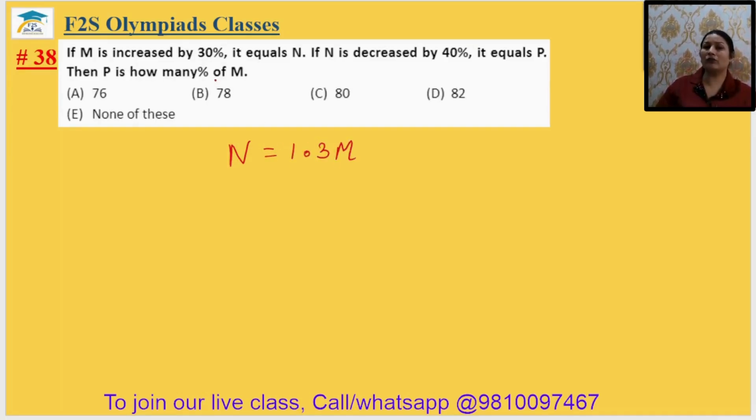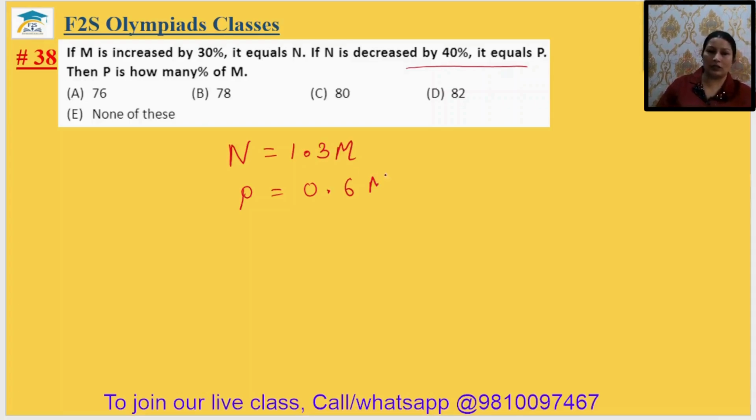Why 1.3M? Because 30% means 130%. After increment, it will be your 1.3M. ठीक है, and it is written N is decreased by 40%. It means P equal to 0.6M.